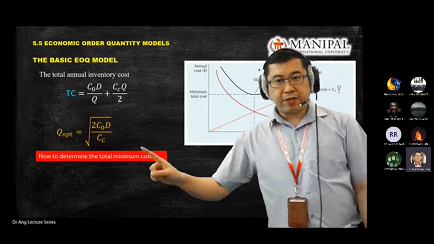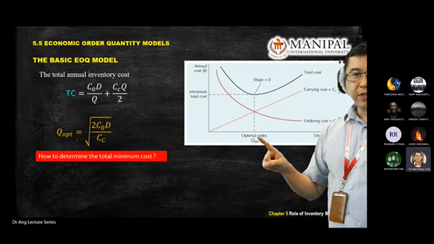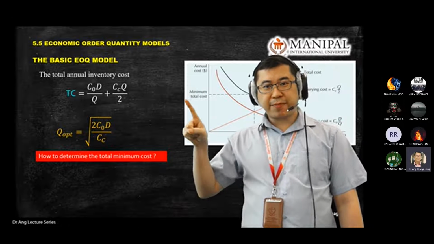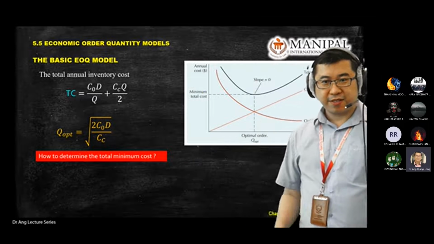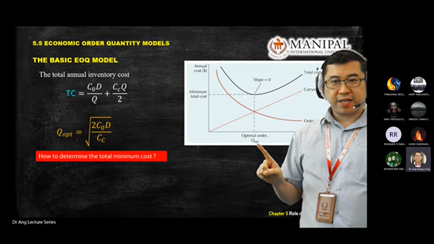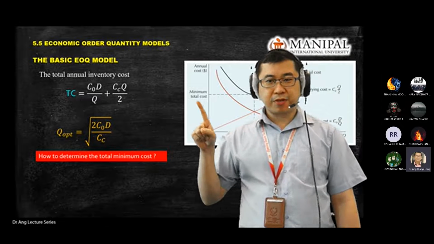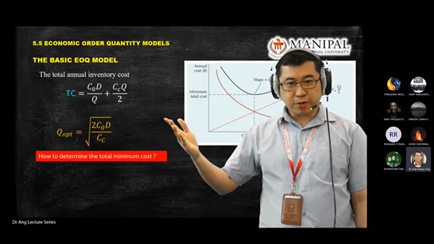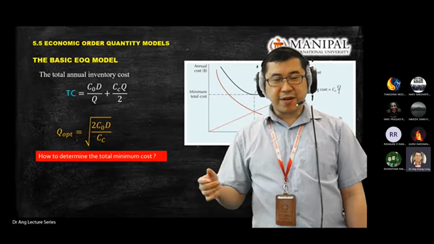Then once you have the quantity, right? Once you have the quantity, next question, how do you find this minimum cost? Once you have the quantity already, how do you find minimum total cost? You have the quantity, you want to find the total cost, right?